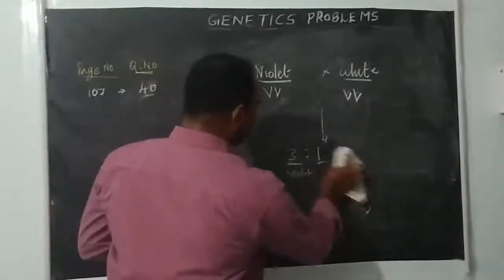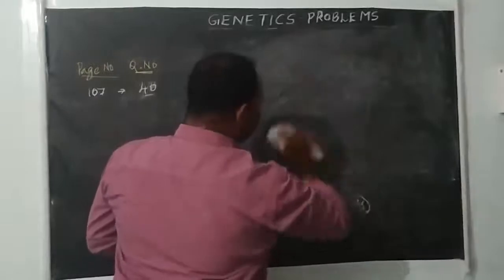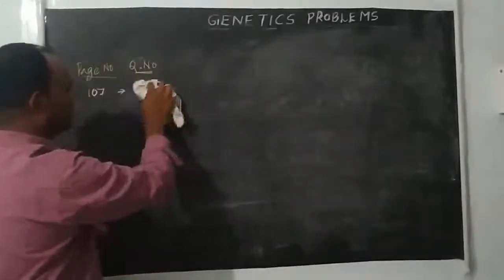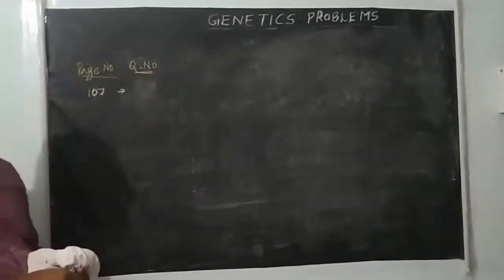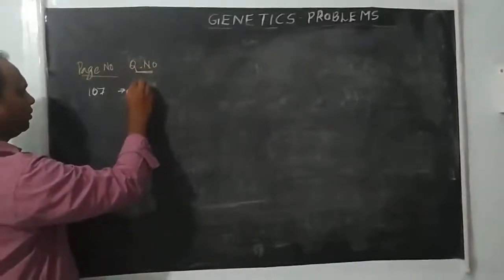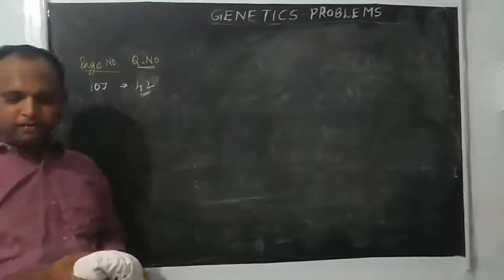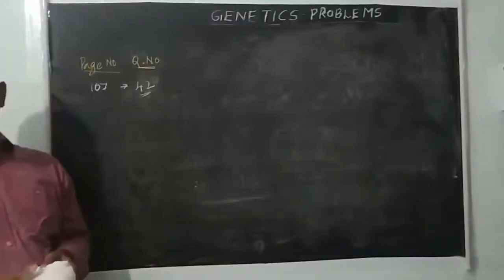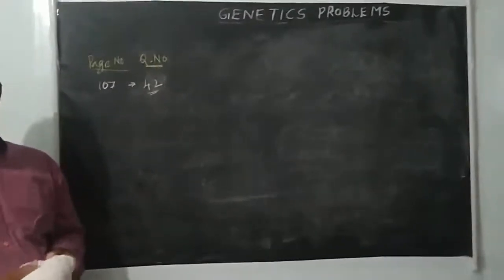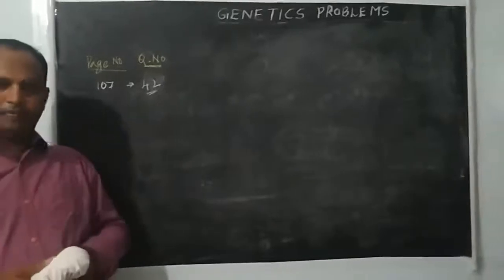And next we will see question number 42. If a hybrid violet flower plant was crossed back to a pure violet flower plant.